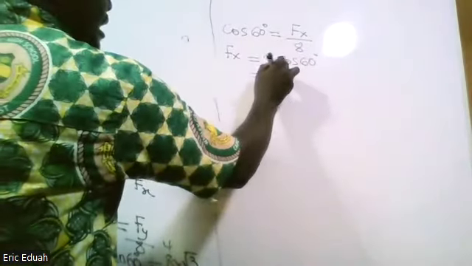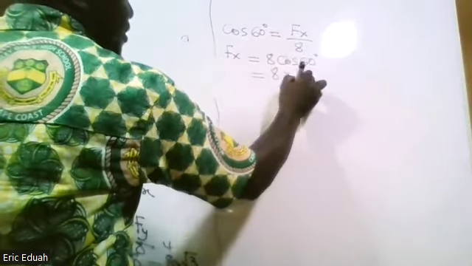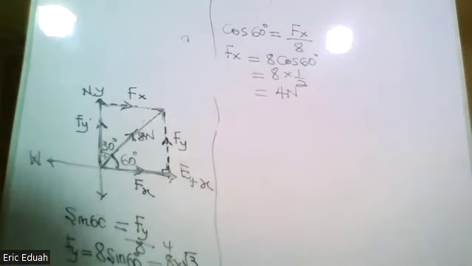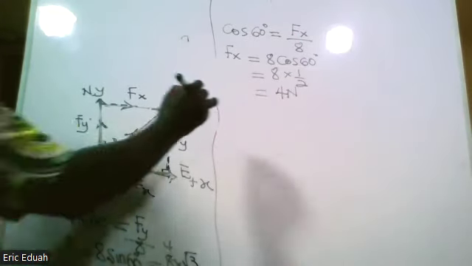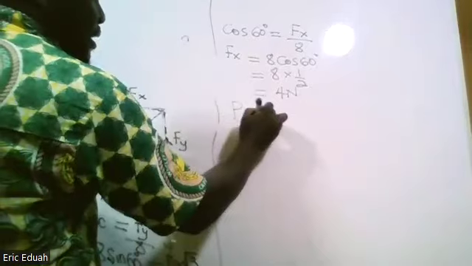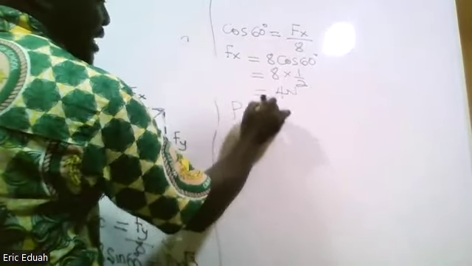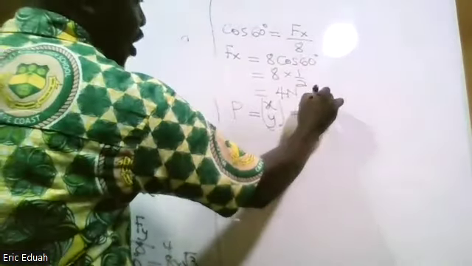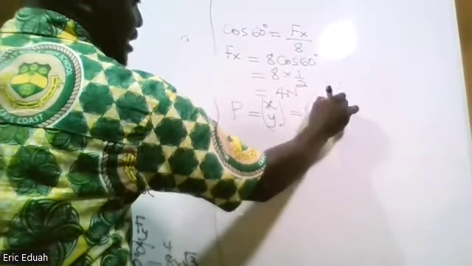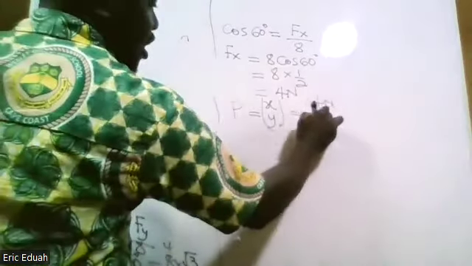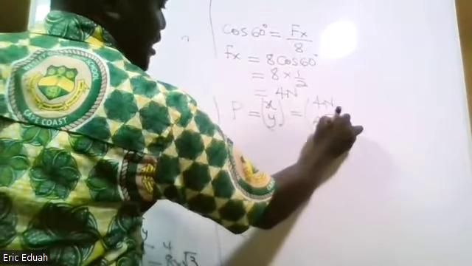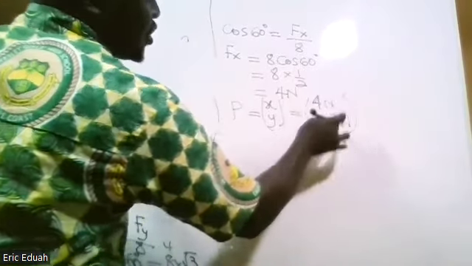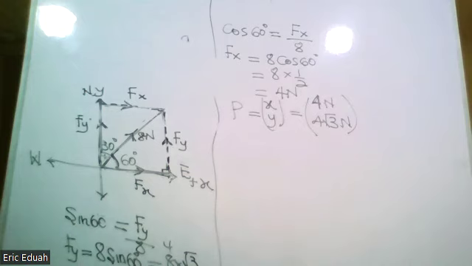So I have 8 times half, which is equal to 4 Newton. Therefore, the components of the force P, which is x and y, would be 4 Newton and 4 root 3 Newton. In fact, this 4 root 3 Newton, you can also express it as decimals.